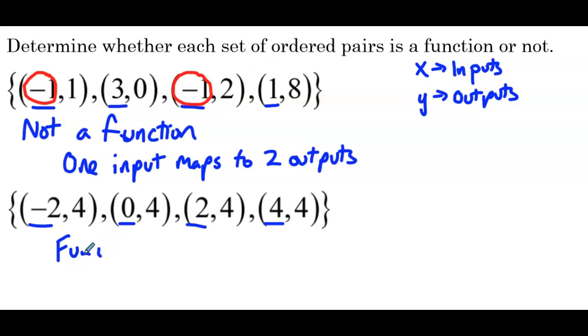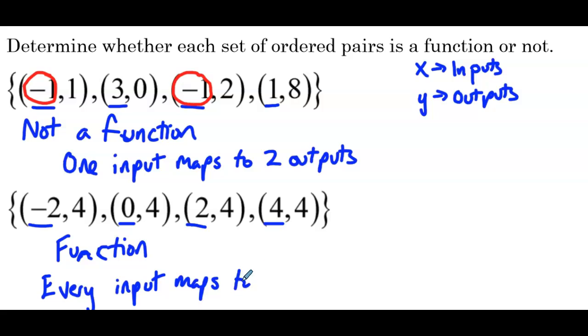Every input maps to only one output. So we'll write that every input maps to only one output.